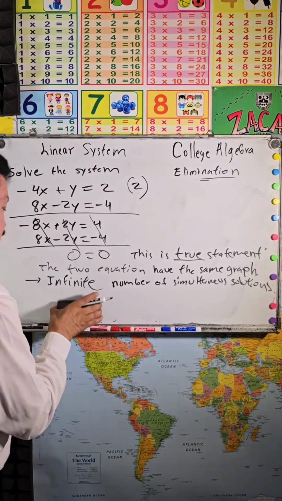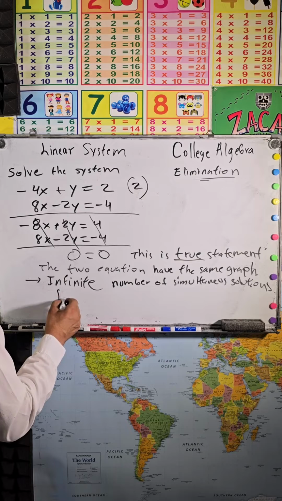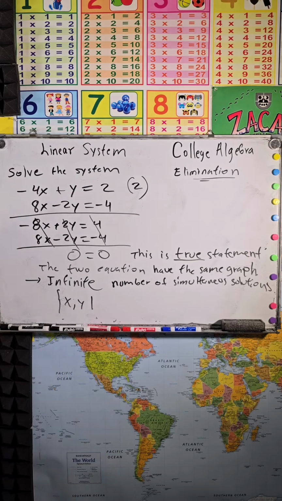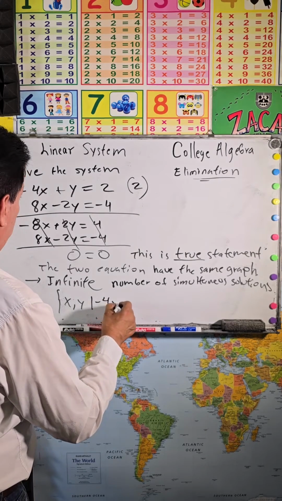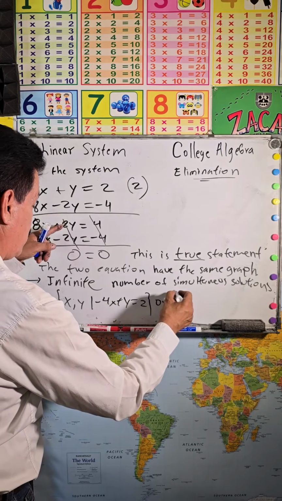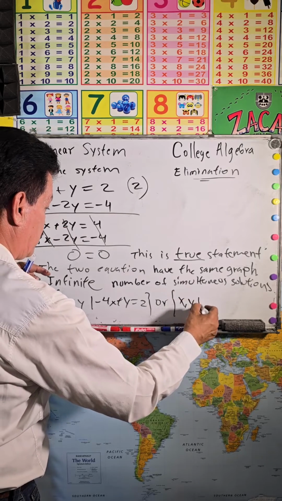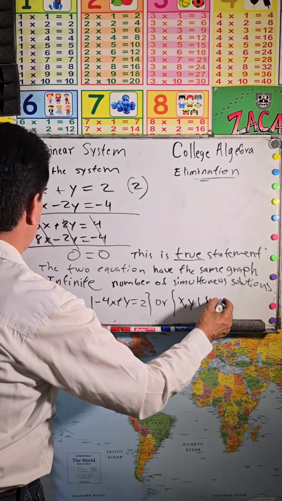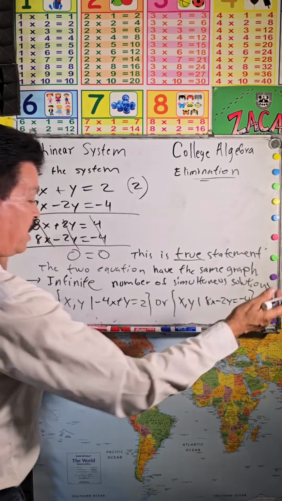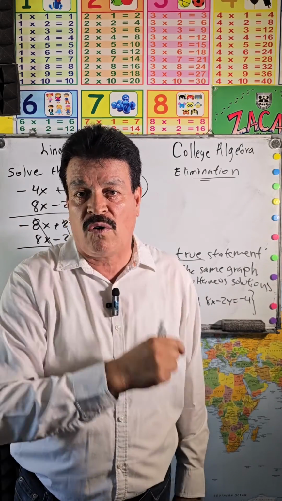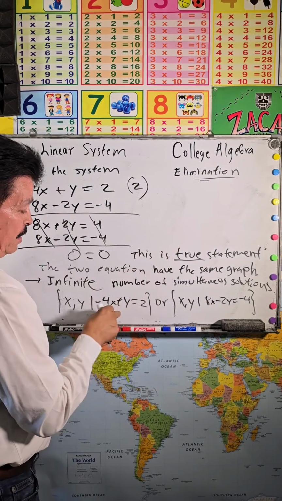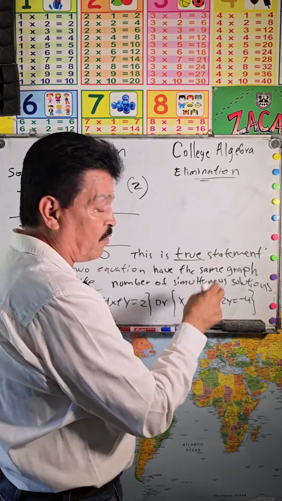The way to write the solution for these problems: open the set notation, (x, y) such that negative 4x plus y equals 2, or (x, y) such that 8x minus 2y equals negative 4. If you find a solution for a single equation, it is also a solution for the other equation.